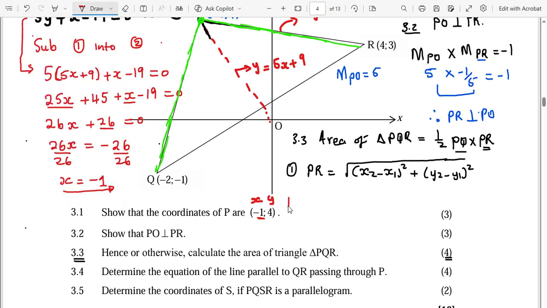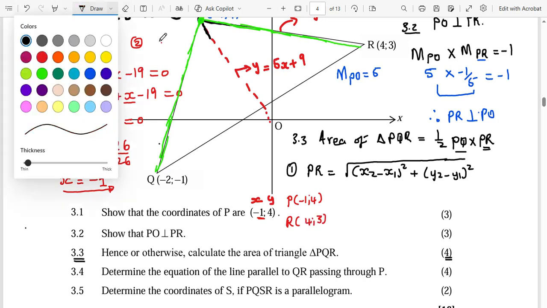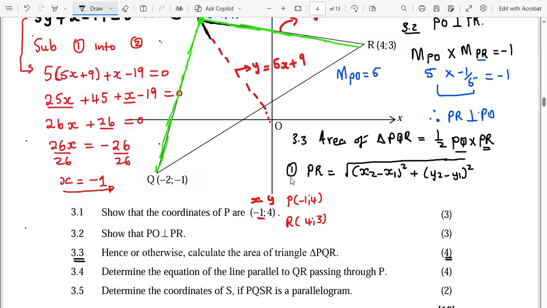The coordinates of P are minus 1 and 4, and the coordinates of R are 4 and 3. P comes first, so I'm going to call it my x1, y1, and this will be my x2, y2.